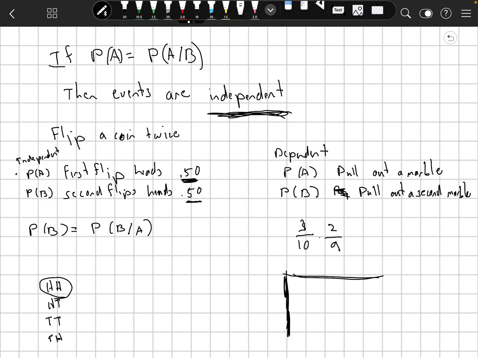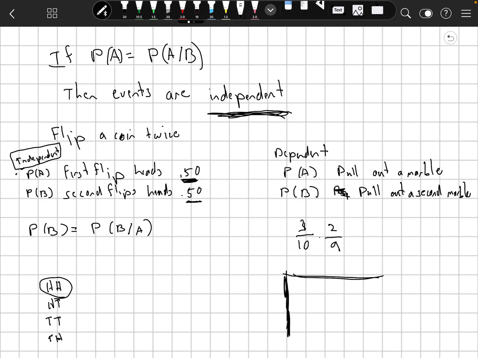This is flipping a coin twice. This is called an independent event because the second flip is not going to be based at all on the first flip. Whether you get a head or a tail on the first flip is not going to determine anything about whether you get a head or tail on the second flip. So these events are independent of each other.